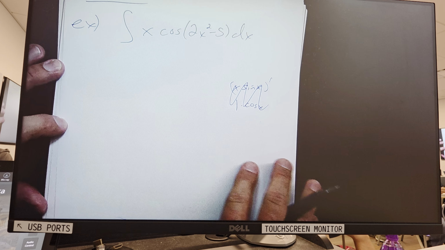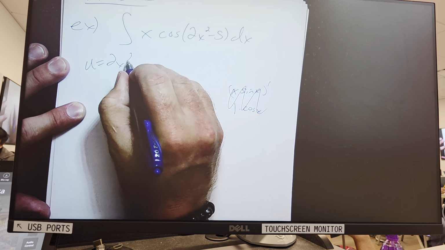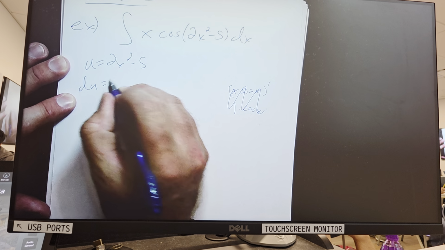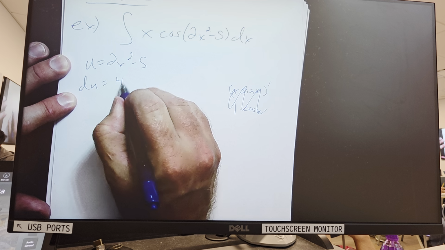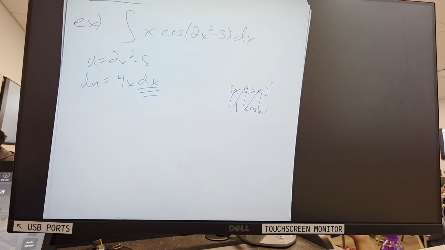So in this case, what am I going to let U equal here? 2x squared minus 5. And then what's du? 4x dx. Don't forget this guy. Do you understand why the little dx is there?